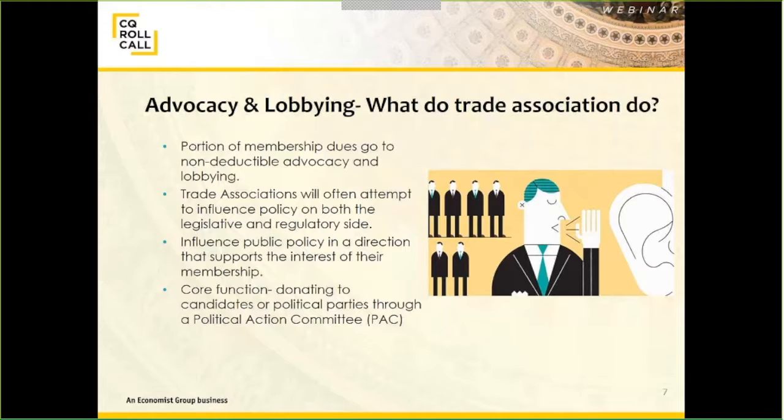The core functions, donating to candidates or political parties through a political action committee. So it's collective action for political involvement. That's how I really view the role of trade associations in advocacy and lobbying. It's great to have a voice and come in and speak as, let's say, for instance, on the Second Amendment.